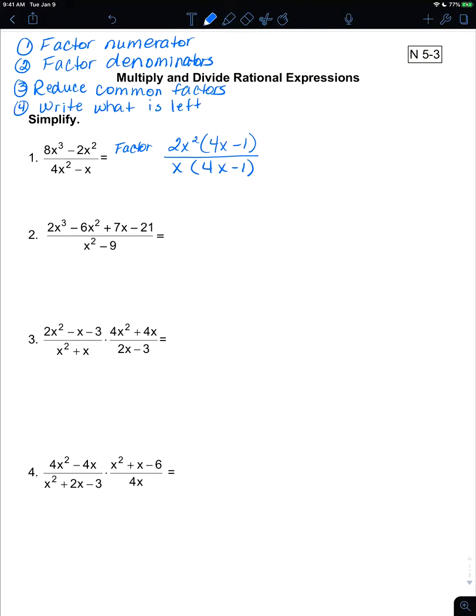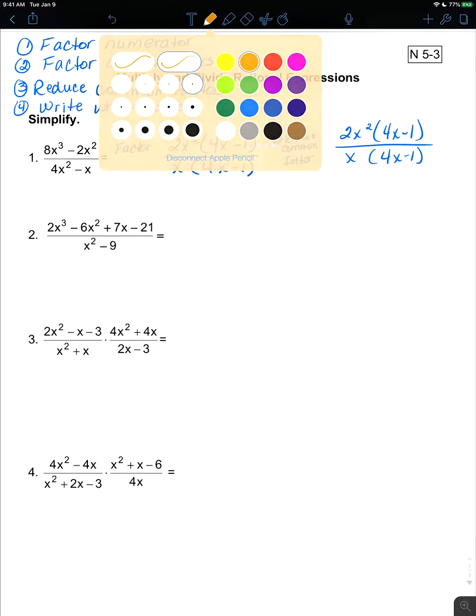So now we're going to go to step 3. We factored our numerator, we factored our denominator. Now we're going to reduce any of those common factors. And I'm going to rewrite the problem so you'll be able to see each step. So it's 2x squared times 4x minus 1 over x times 4x minus 1.